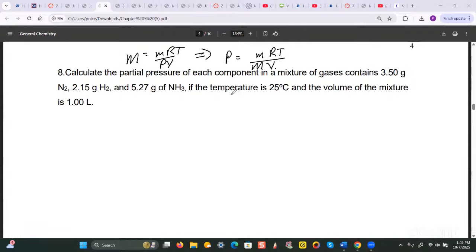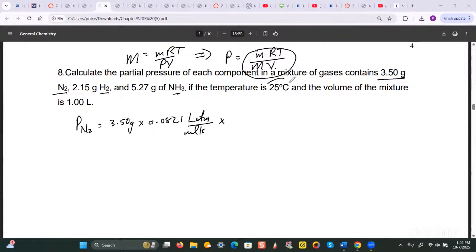All right? So basically, we use this equation to calculate the pressure of each gas: the nitrogen, the hydrogen, and the ammonia. Let me start off with the nitrogen. The mass of the nitrogen given in the question is 3.50 grams multiplied by 0.0821 liters atmospheres over mole Kelvin, times the temperature.